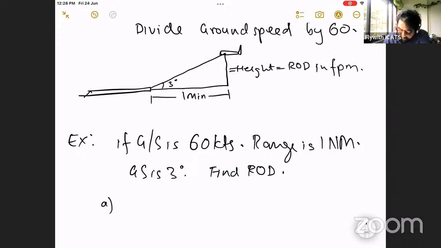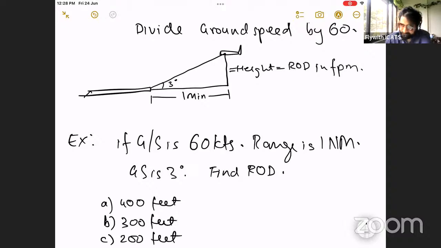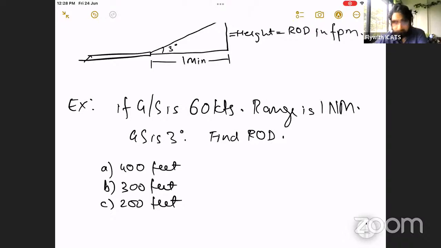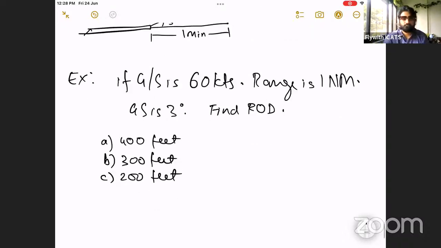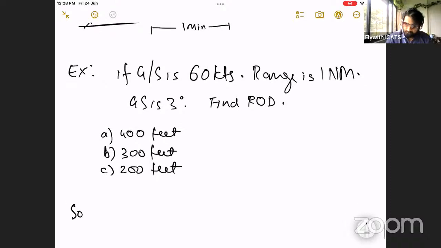Your options are 400 feet, 300 feet, and 200 feet. Quick, quick, quick. It is not that difficult.